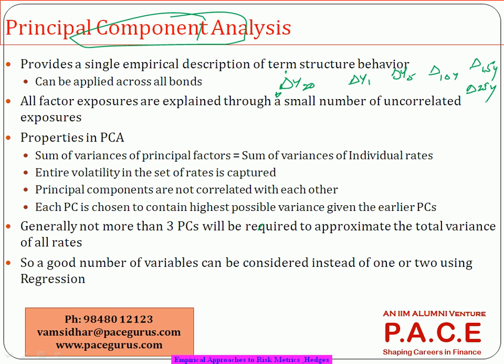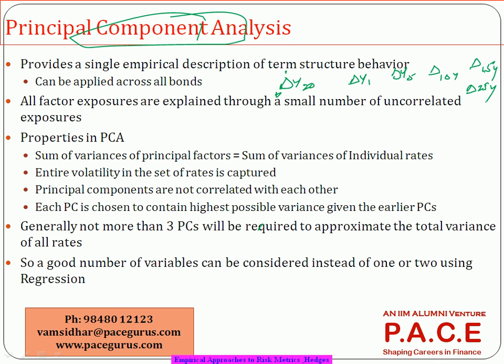Let's say I am taking all these as independent variables because these are the most commonly tradable bonds according to me. I want to hedge that particular bond's interest rate movement with a combination of all these bonds. Now, I am using regression.